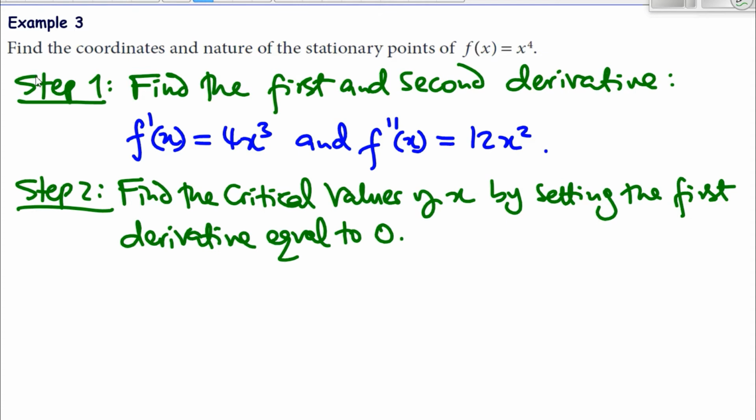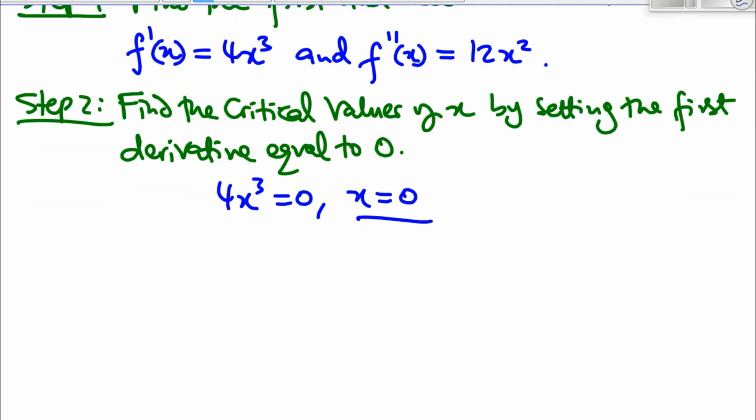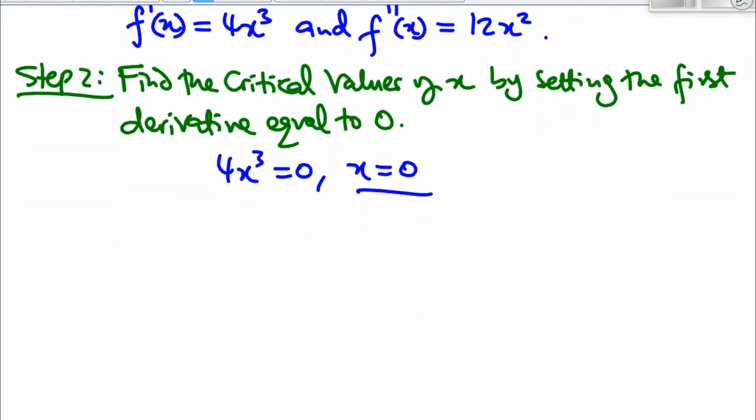What I mean by that is you take the first derivative, which is 4x cubed equal to 0, solve it, and you find that x equals 0. And that is the critical value of x.